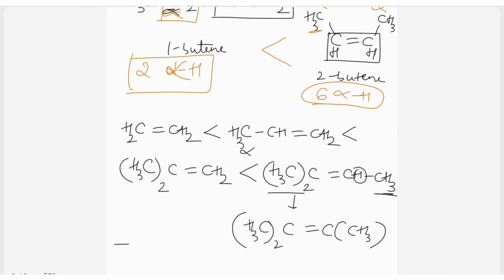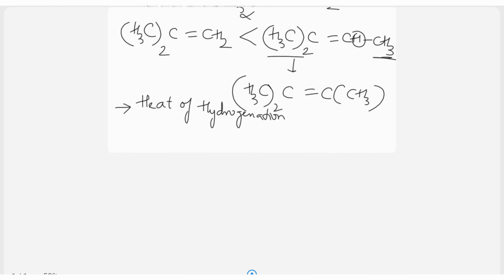This is the increasing order of stability of alkenes with the increase in the number of alpha carbons. So this is mainly supported by a phenomenon called hydrogenation values or heat of hydrogenation. So it is mainly calculated according to the heat of hydrogenation.